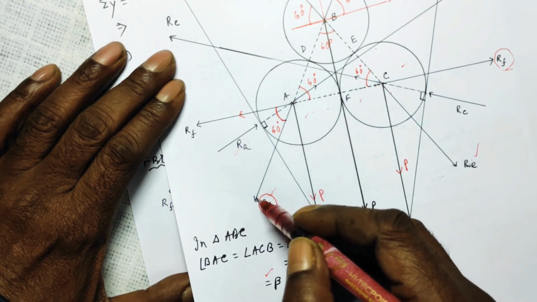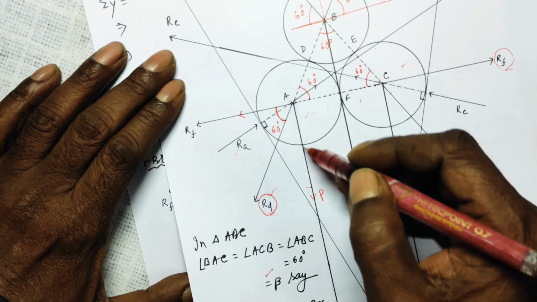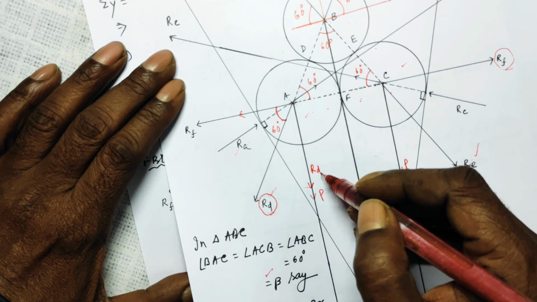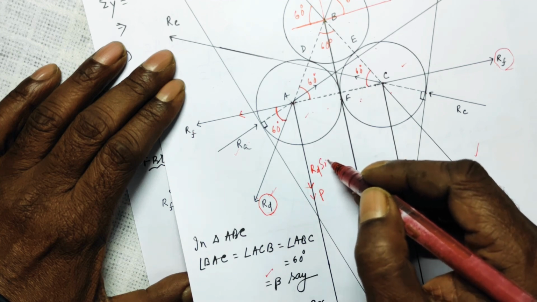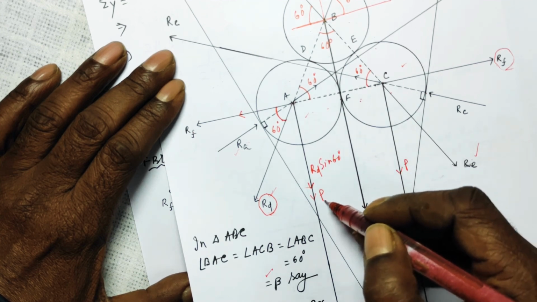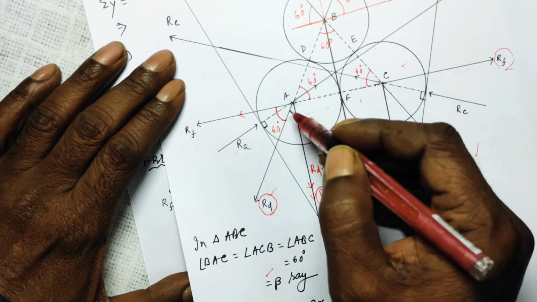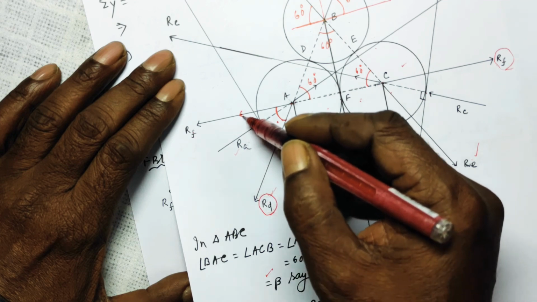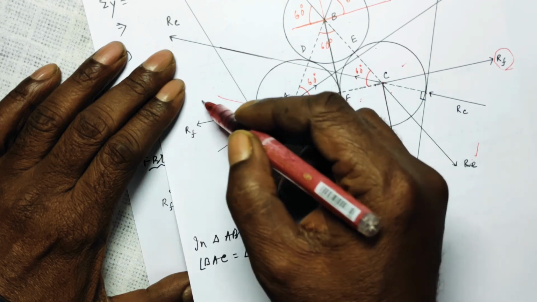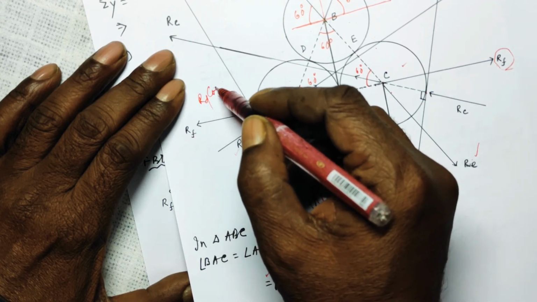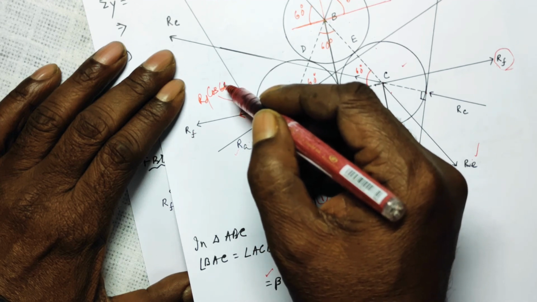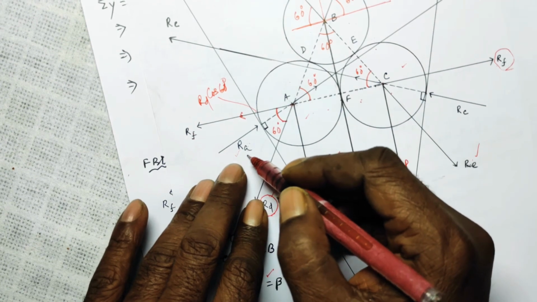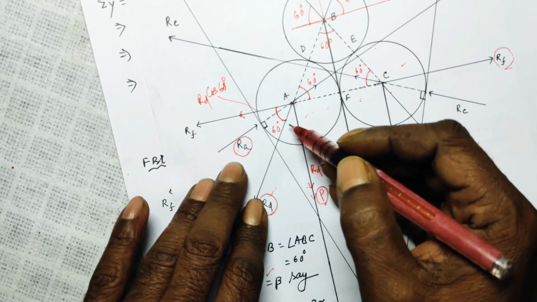And if you drop a perpendicular from this point to this point, will be your RD sin 60 in the direction of P. And from this point to this point, if you drop a perpendicular here, this will be your RD cos 60. So the only question is how to find out the angle that RA makes.